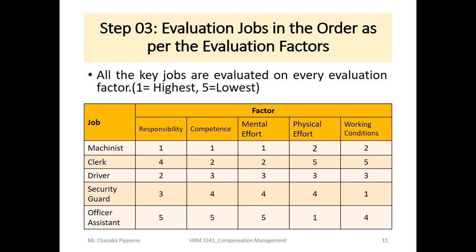The second factor is competence. Based on competence, machinist, clerk, driver, security guard, the same 5 jobs are evaluated. Likewise, by using several factors, we can identify and rank the jobs based on their relative importance, but based on the different factors.